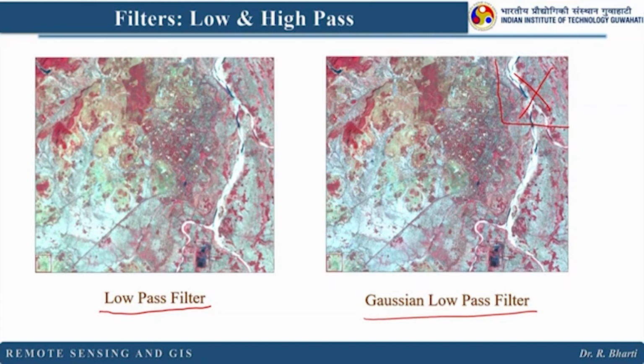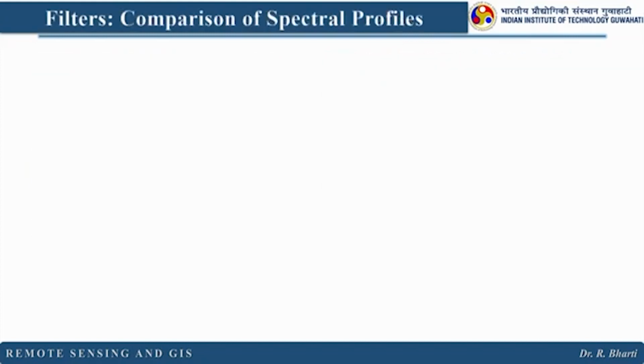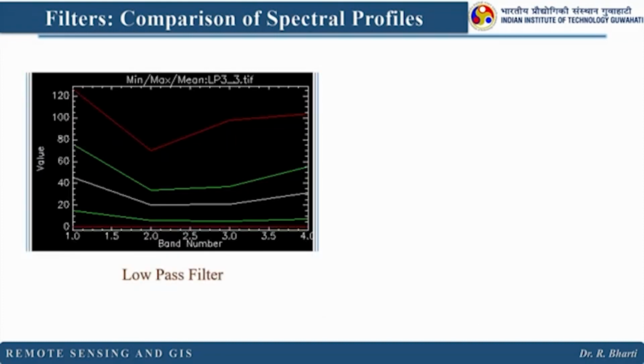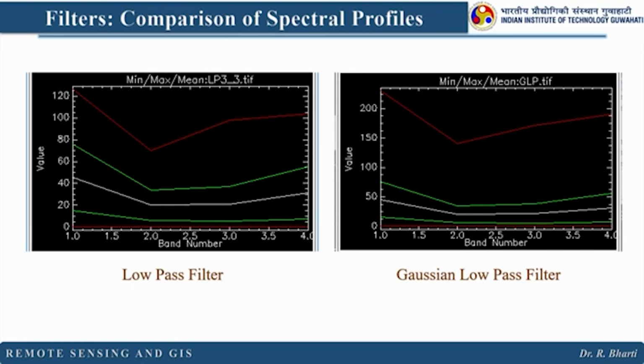We can see this comparison when we compare the spectral profile of the same pixel with the low pass filter and the Gaussian low pass filter. In the low pass filter, this particular peak is preserved in all the bands.